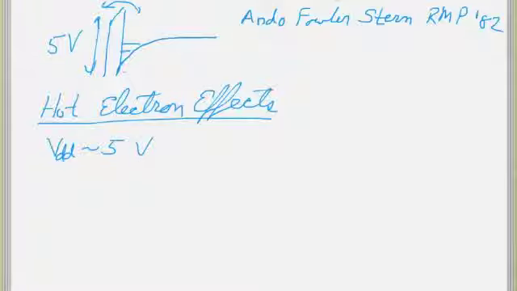And to model these highly non-equilibrium effects, these high energy effects that are happening way away from the conduction band edge, 5 eV, way up in the conduction bands, what people were doing then was full band Monte Carlo, a full band Monte Carlo solution of the Boltzmann transport equation.